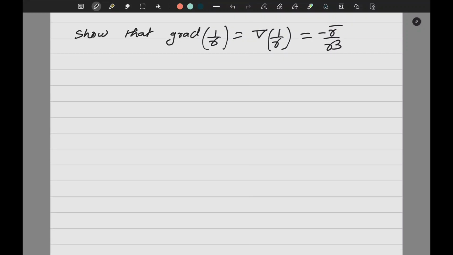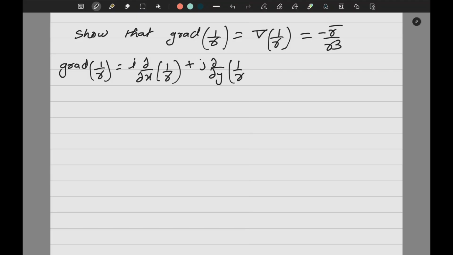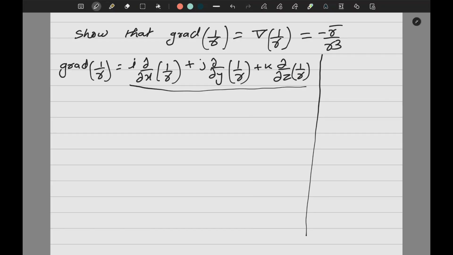Okay. Now grad of 1 by R means i ∂/∂x of 1 by R plus j ∂/∂y of 1 by R plus k ∂/∂z of 1 by R. And if I want to use summation, instead of this whole expression, I would have written summation i ∂/∂x of 1 by R. Okay.